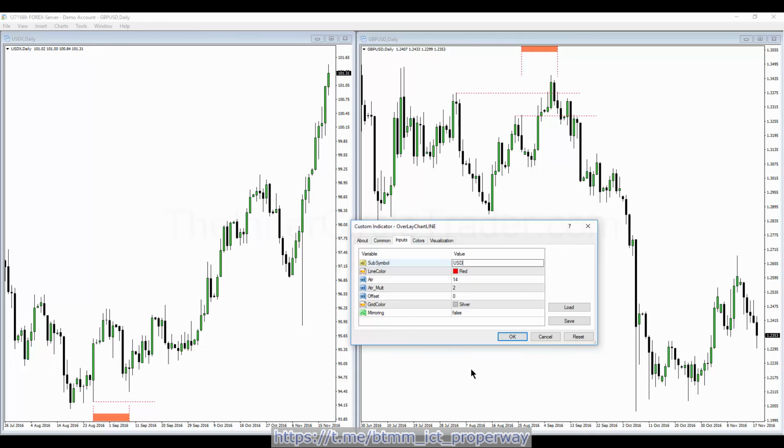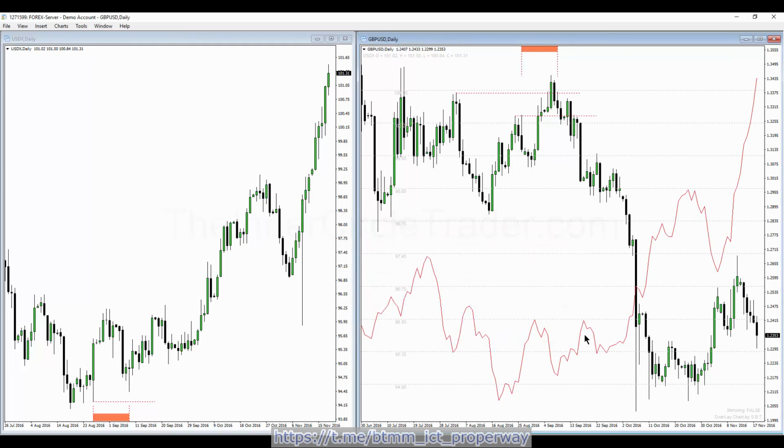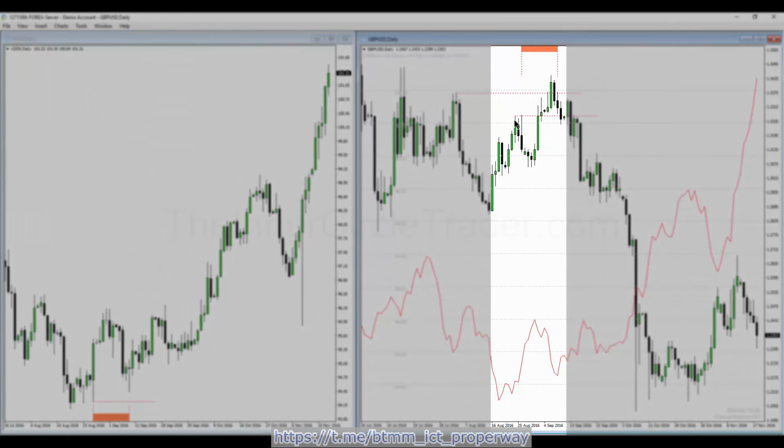So capital letters, okay, and we're going to leave everything as it is here. You can see in here we see price making that higher high. At the same time, the dollar index was failing to make that lower low.